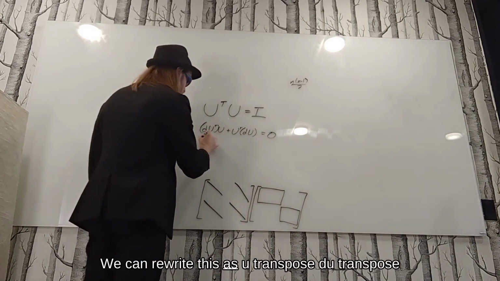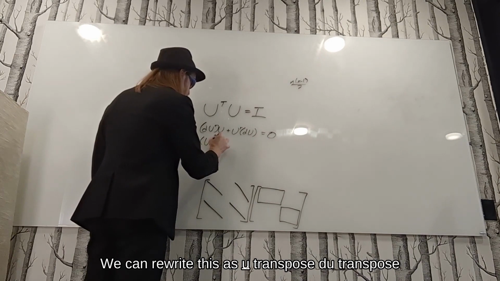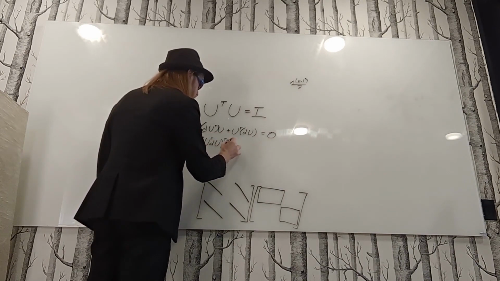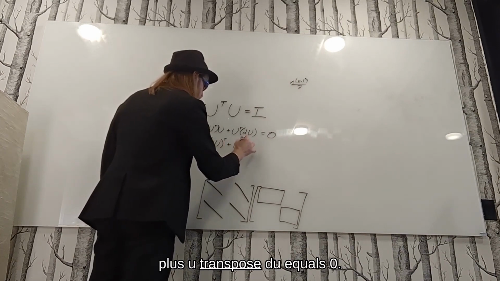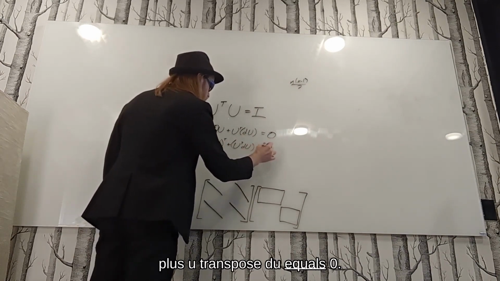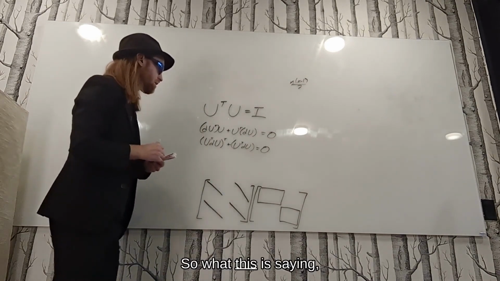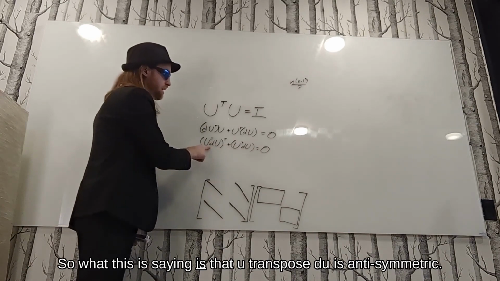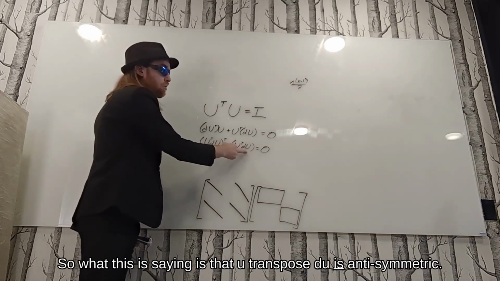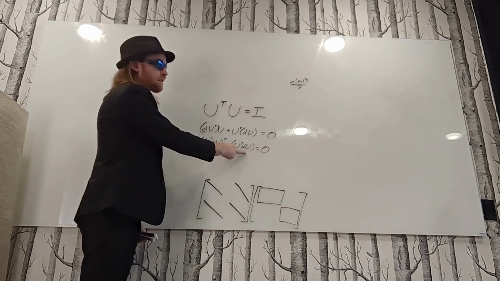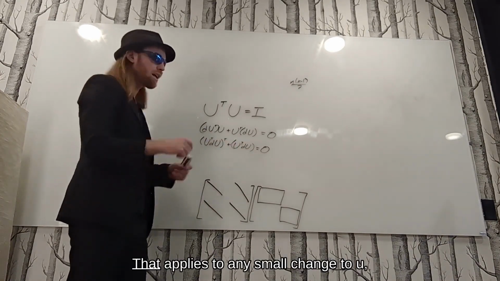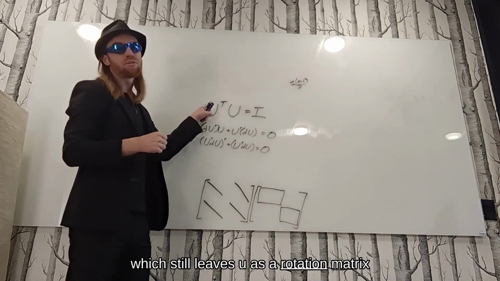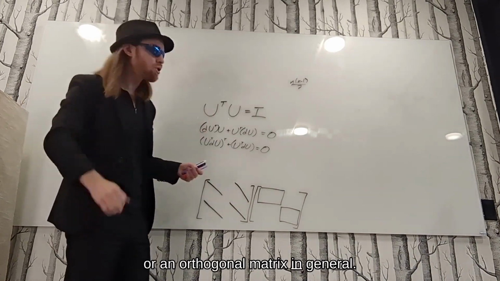We can rewrite this as (U transpose dU) transpose plus U transpose dU equals 0. Notice that this matrix is the transpose of that matrix. So what this is saying is that U transpose dU is antisymmetric. That applies to any small change to U which still leaves U as a rotation matrix, or an orthogonal matrix more generally.